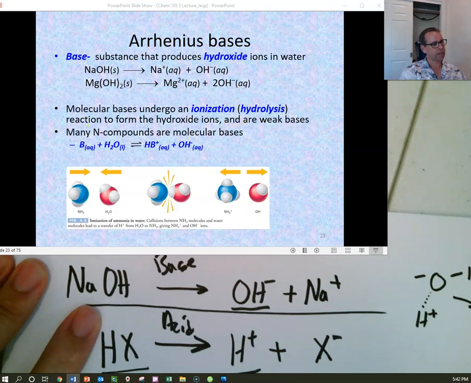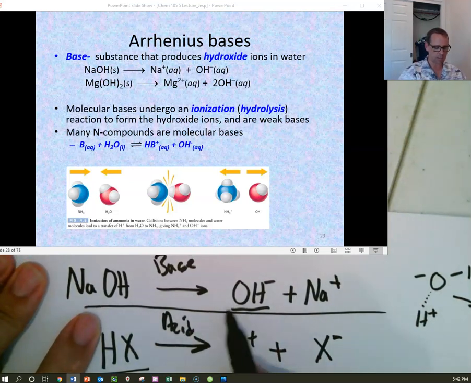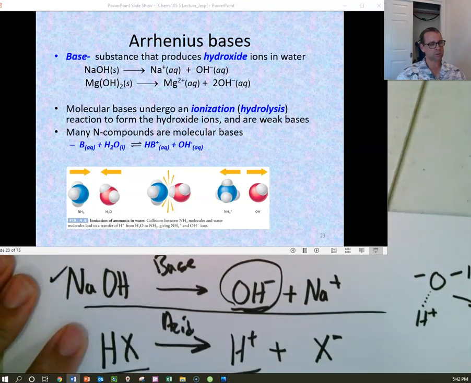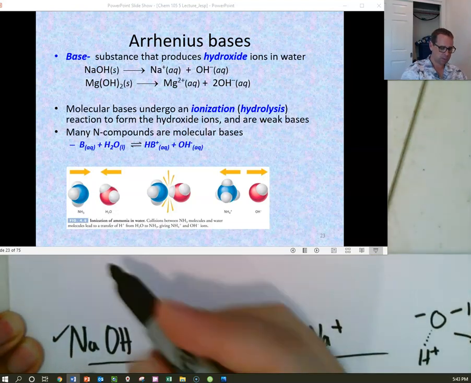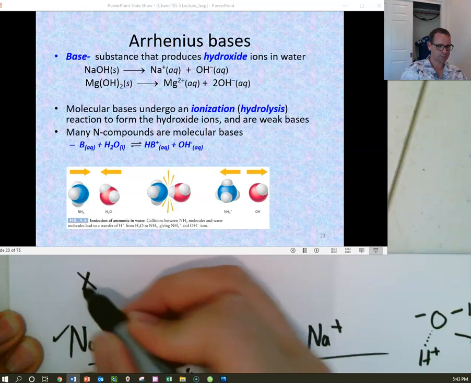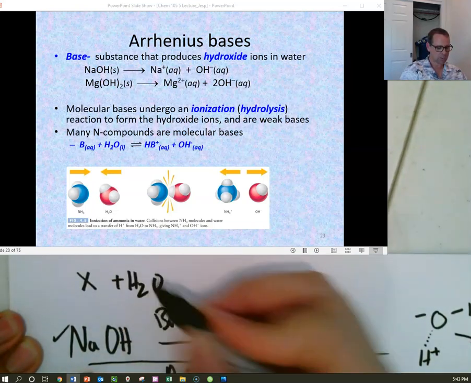Okay, very good. So, that's one way to get a hydroxide ion, one way to have a base: take a soluble hydroxide-containing salt and put it into water. The other way you get a base is you have some chemical, like we could call it chemical X, and you combine that chemical X with water.